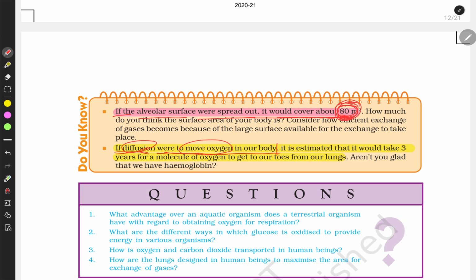Diffusion would be the only system, and it is estimated that it would take 3 years for a molecule of oxygen to get into our toes from the lungs. So this is why we have blood, which is a transporting system, that helps us.